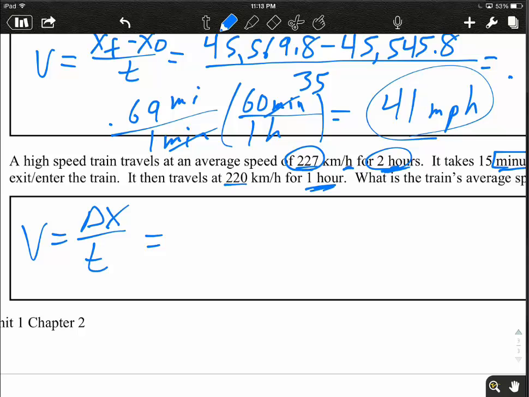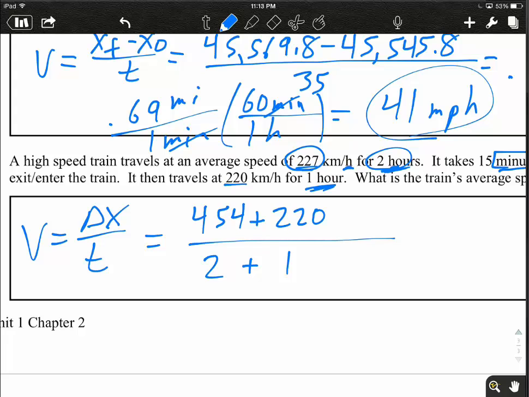Well, if it moved at 227 kilometers per hour for 2 hours, hopefully you can see, again, you could really use that equation. It traveled, what would that be, 454 kilometers in 2 hours. It then traveled at 220 kilometers per hour for 1 hour, so it traveled another 220 kilometers in 1 hour.